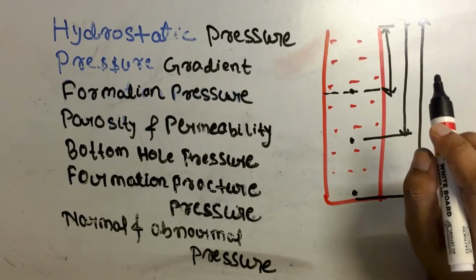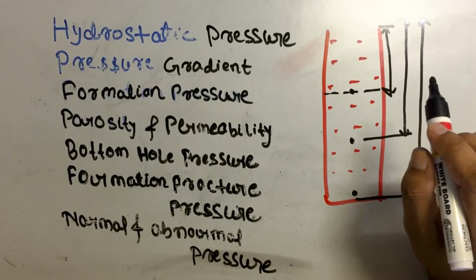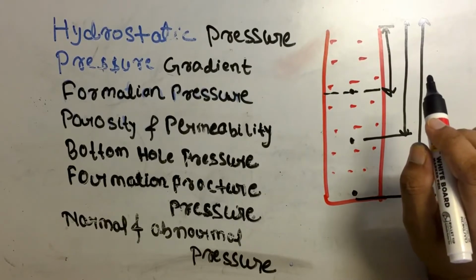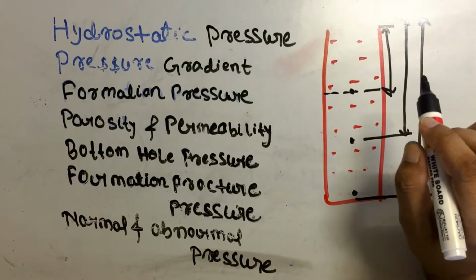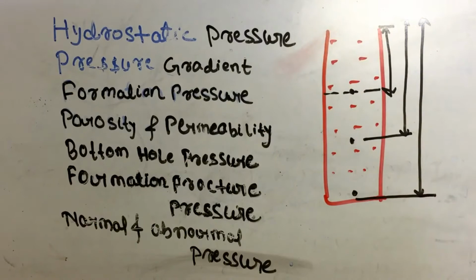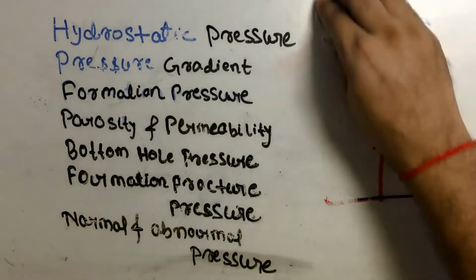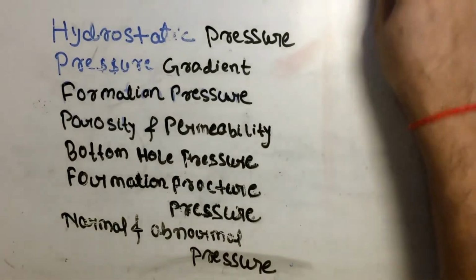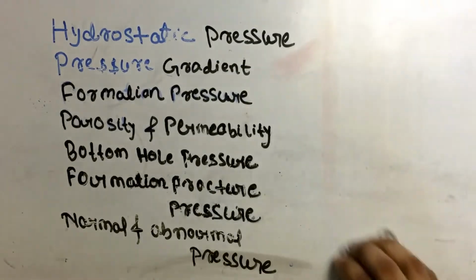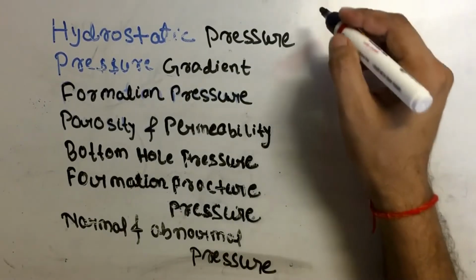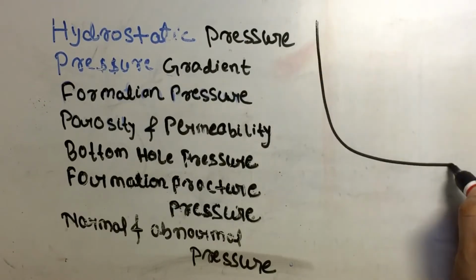The hydrostatic pressure does not depend on the size or the shape of the fluid column. Got it? Across the horizontal line, hydrostatic pressure is the same. That means if there is a deviated well, for a vertical well TVD will be the same as the measured depth, but for a deviated well TVD and measured depth are different.